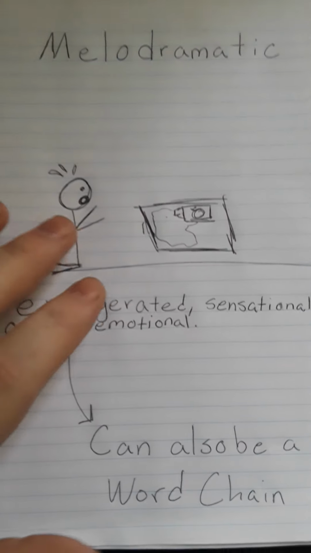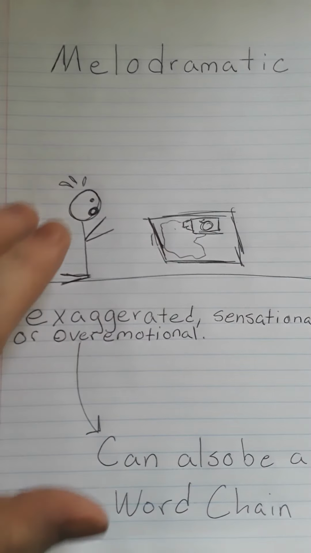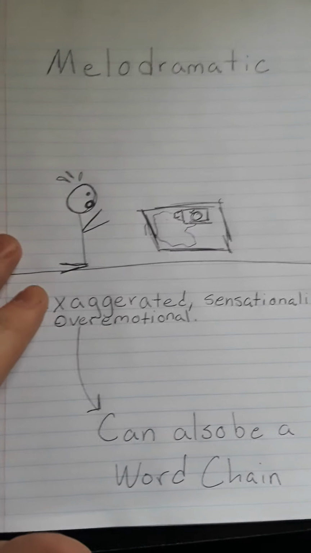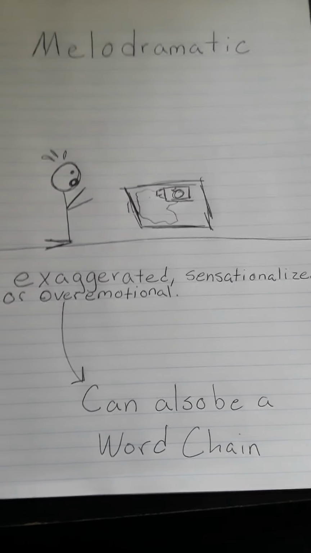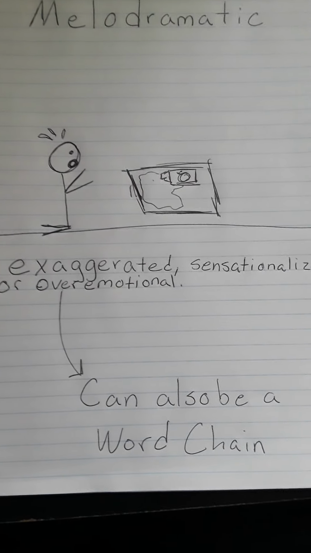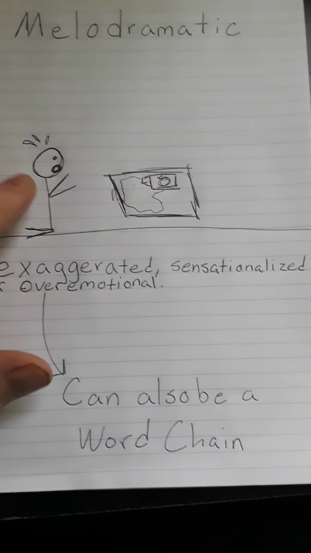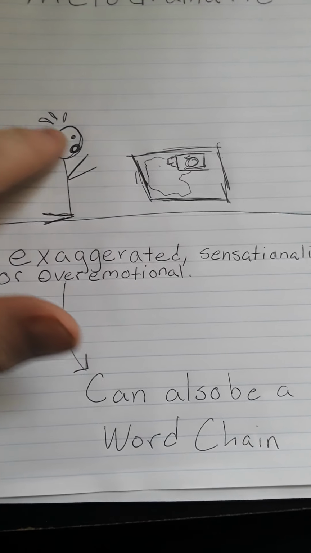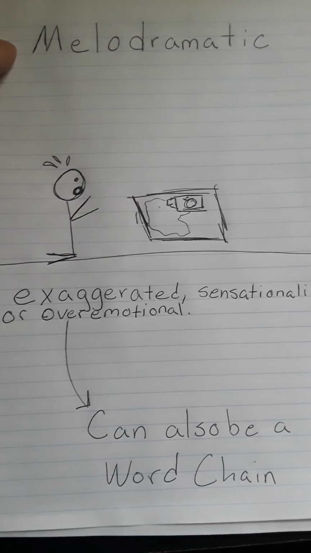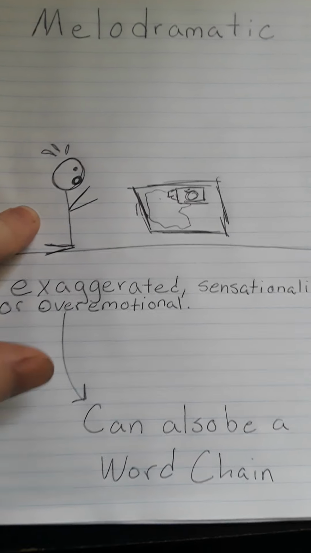This shows a very good visualization, and I'm sure some of the students in your class would have better artistic skills than I do, but it shows how the word melodramatic relates to the picture.